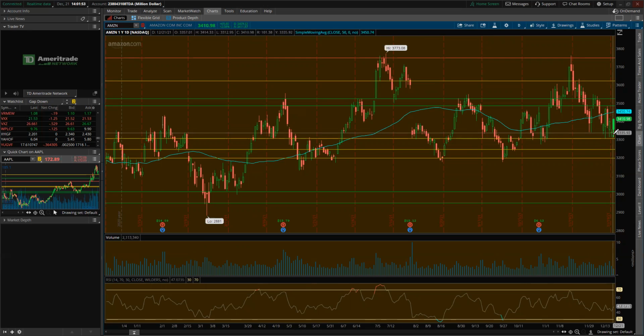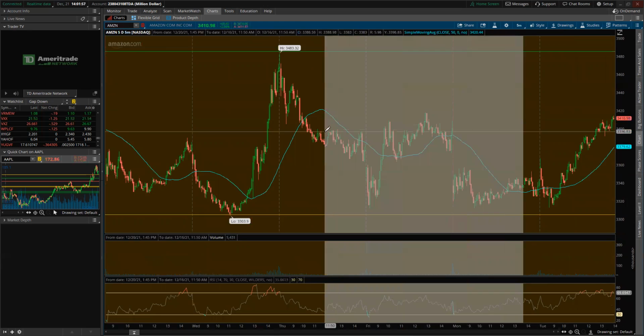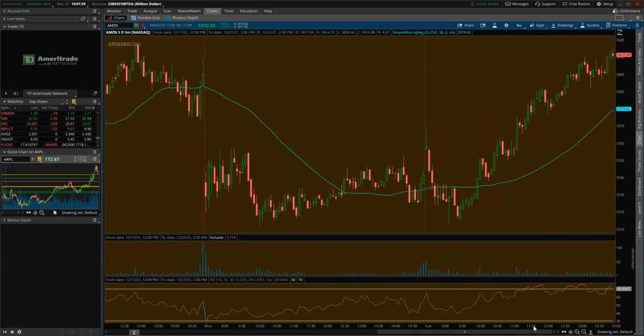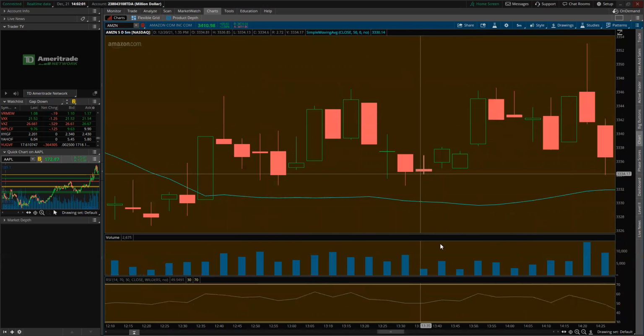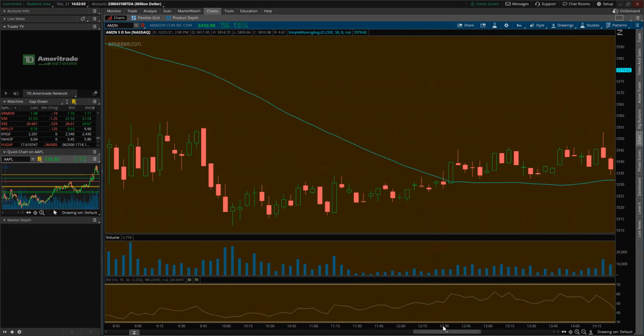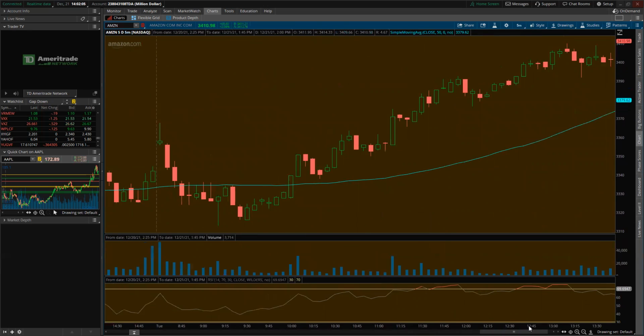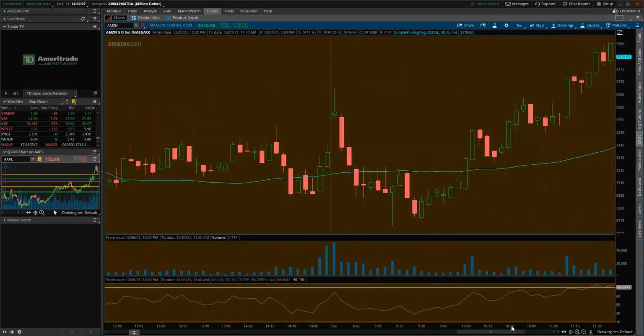But let's look at today. Let's look at how Amazon filled the gap on today. So knowing where we are in the maze, we already know that we're looking for a buy opportunity regardless of what Amazon is doing. Amazon sold off this morning.